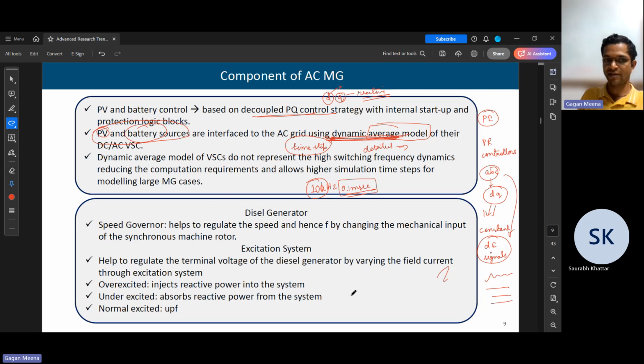Let us say when we have power electronic devices, the highest frequency is generally equal to the switching frequency of the device, and let's say it is of the order of 10 kilohertz. This is the highest frequency.